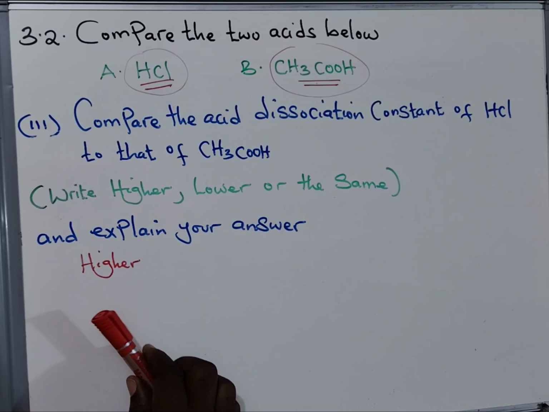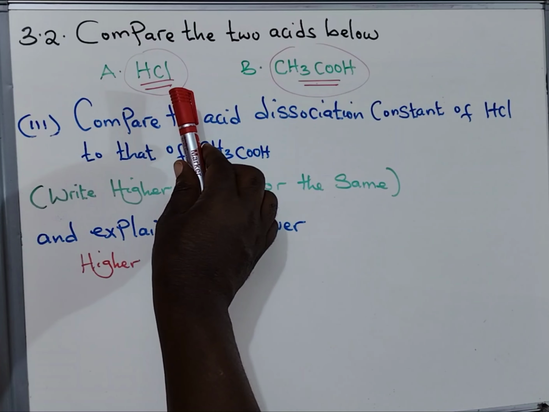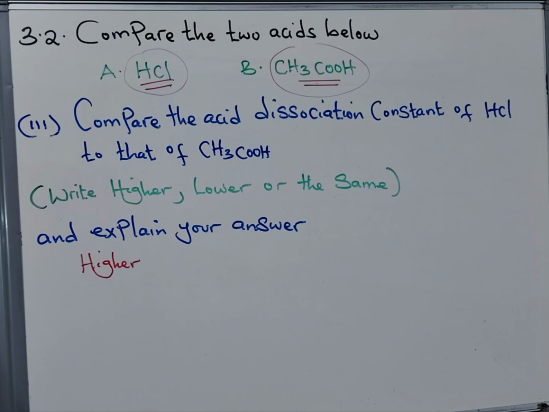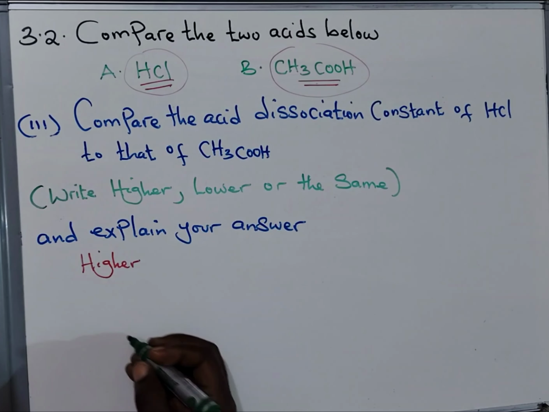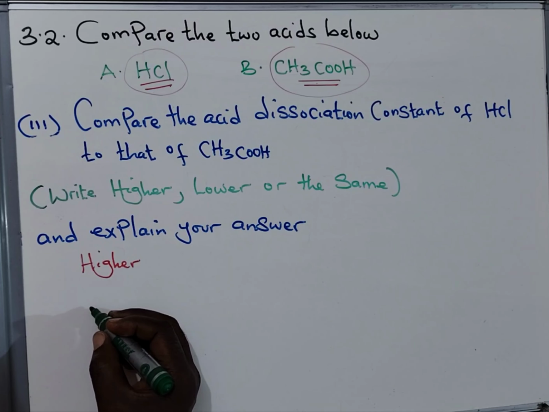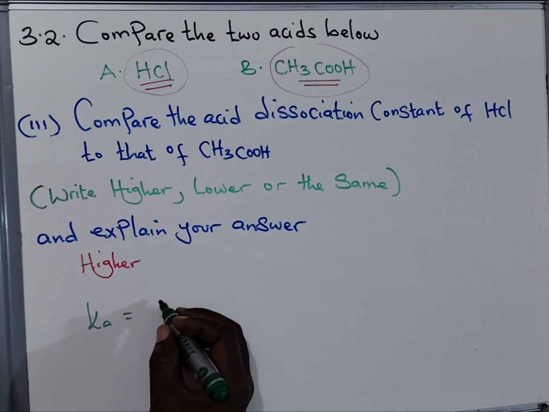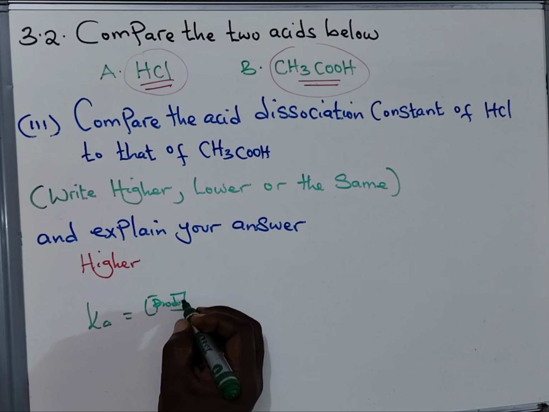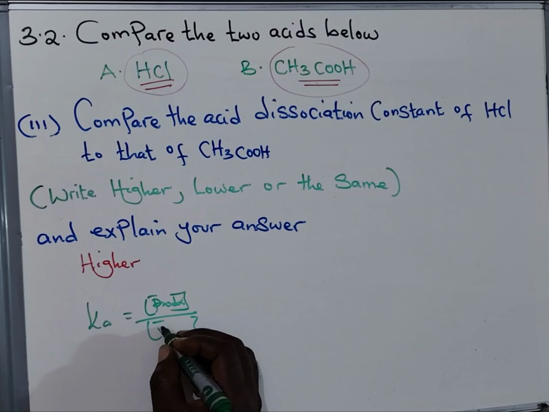What's the reason? The reason is that hydrochloric acid is a strong acid, implying it's completely ionized, producing a high concentration of hydronium ion, or high concentration of products. I need to remind you that what we call Ka is concentration of products over concentration of reactants.